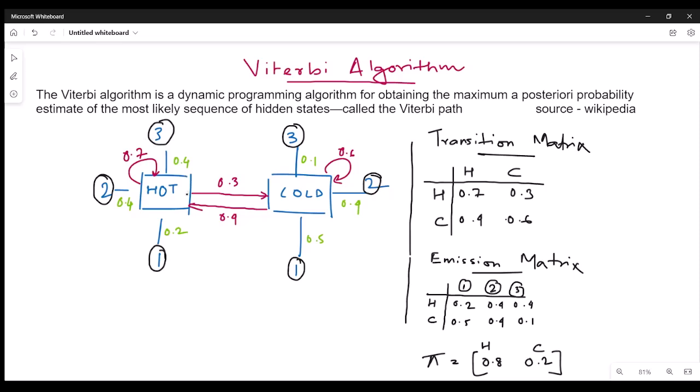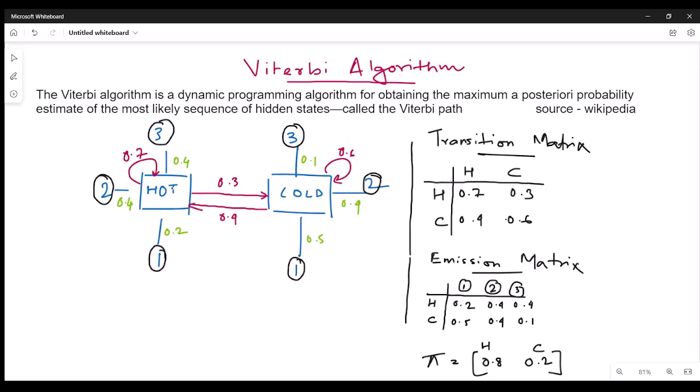Now, for the current day, the weather can be hot. Following today's weather being hot, the next day's weather could be cold with a probability of 0.3. The change from one state to another state is called the transition probability.